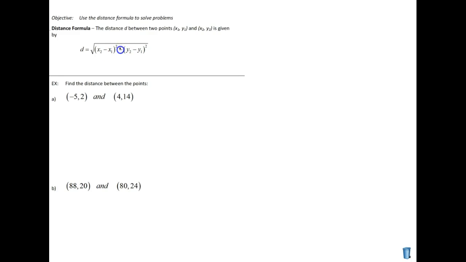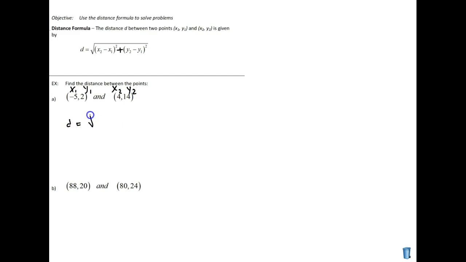We're putting in a plus instead of a minus, because the distance formula has a plus here, but these are minuses. When you have your points and you're trying to find the distance between them, I don't care which one you list as x1, y1 and which one you list as x2, y2. It doesn't matter as long as you put them into the formula in the correct order.